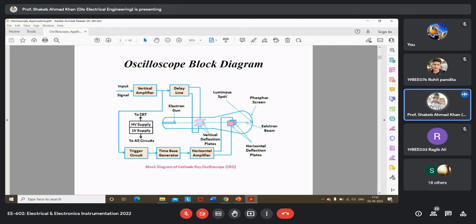The heart of the oscilloscope is the CRT, cathode ray tube.